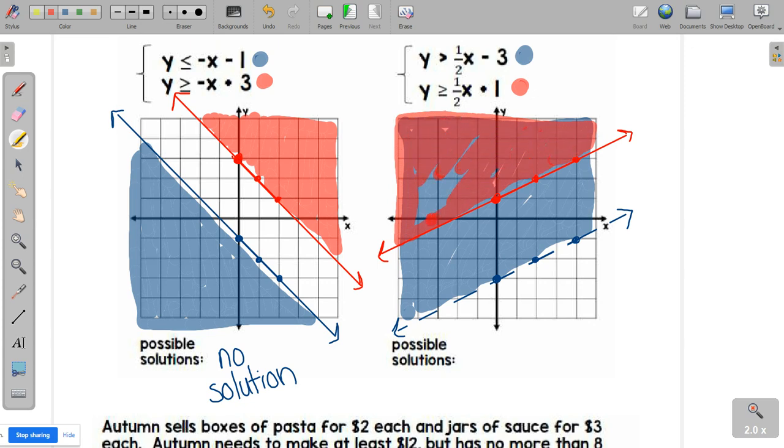So we're going to look at our solution. Our solution is where both of the shaded areas overlap. They overlap here in this darker region and on the line itself because it's a solid line. So some possible solutions are 0, 1 on the line.